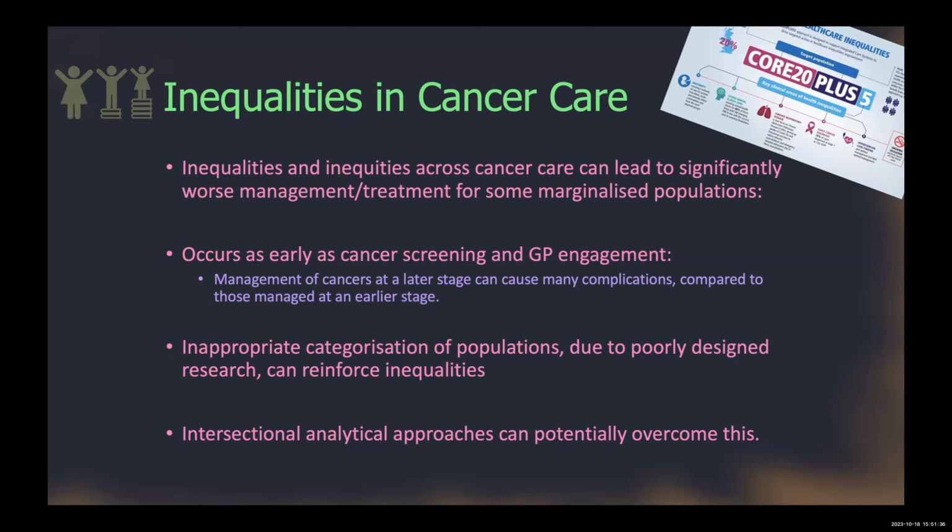An example, and this is where we start to get into intersectional analytical approaches, which again we've touched on, but one good example that's happened recently came up with the COVID pandemic. This isn't an example of an intersectional approach, but I think it's good to highlight as a really good example of inappropriate categorization.